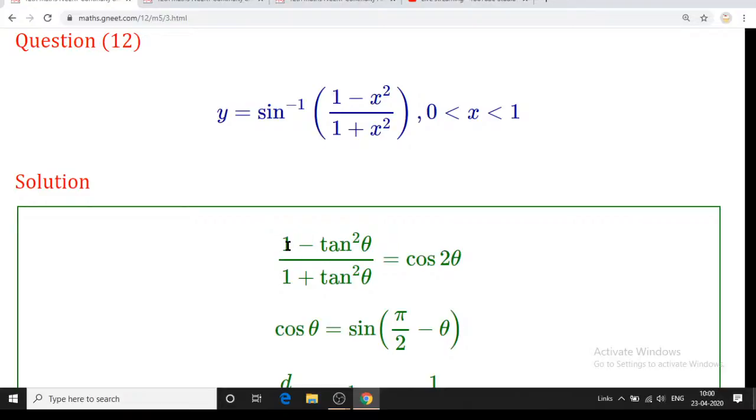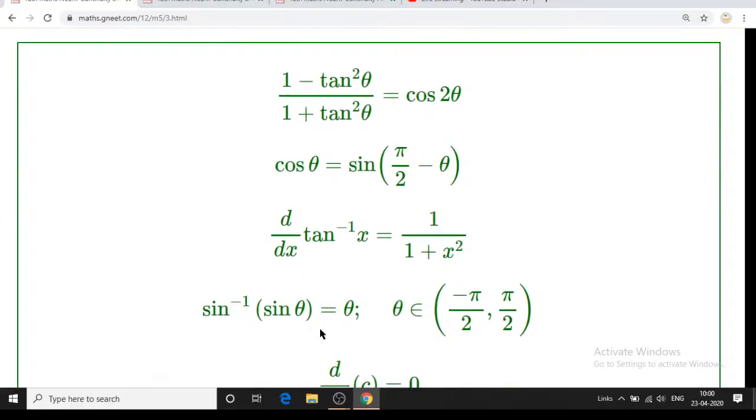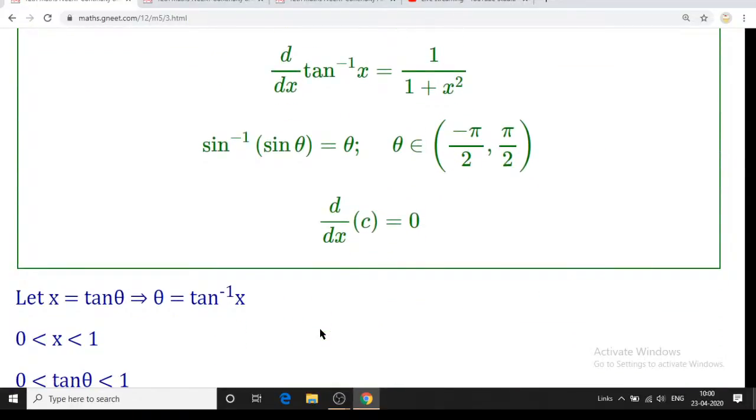So the formula required was (1 minus tan square) upon (1 plus tan square) is cos 2 theta. Another part we require is cos theta can be written as sine of pi by 2 minus theta. Then derivatives of tan inverse. Now we will start with the sum.